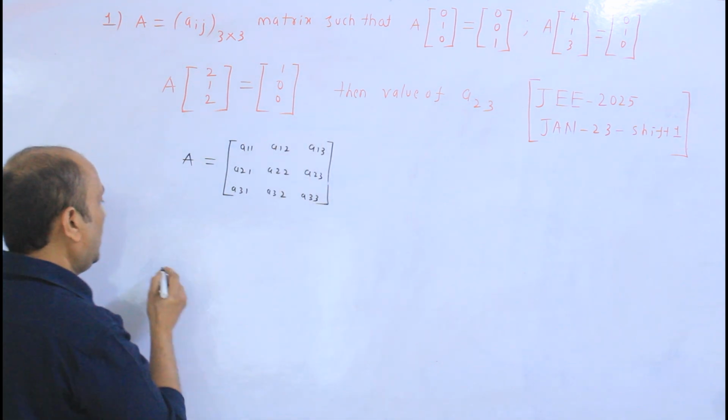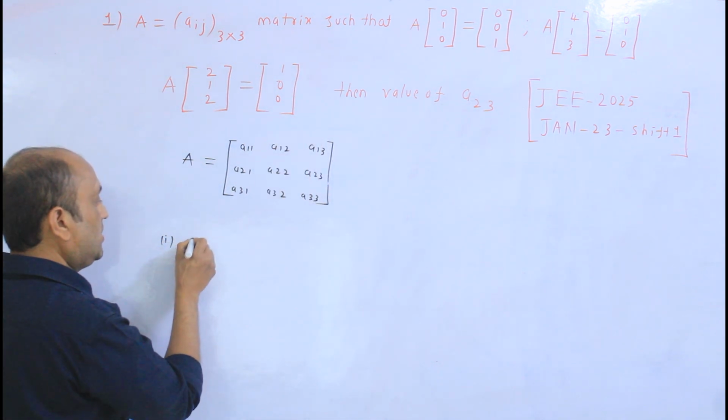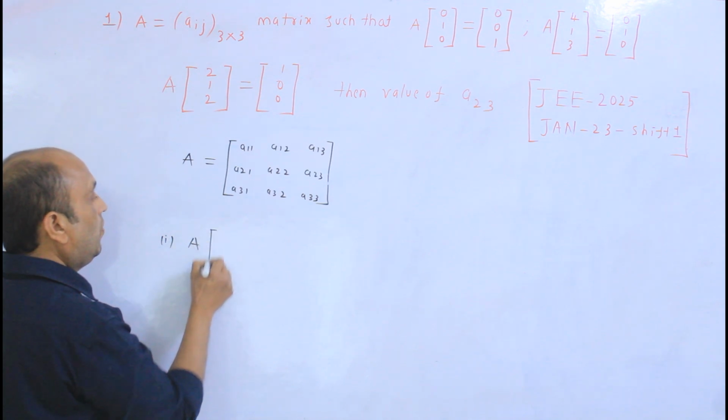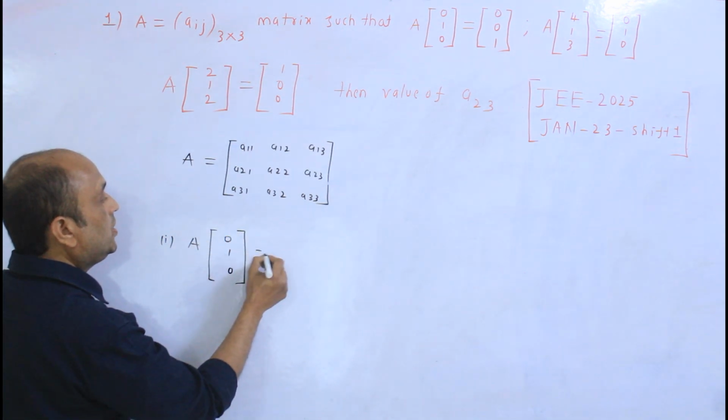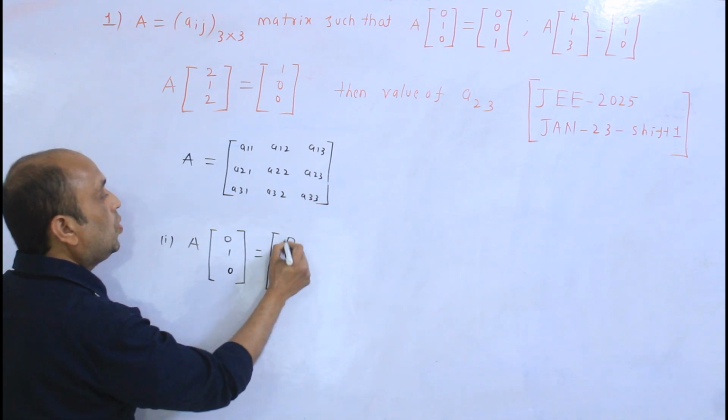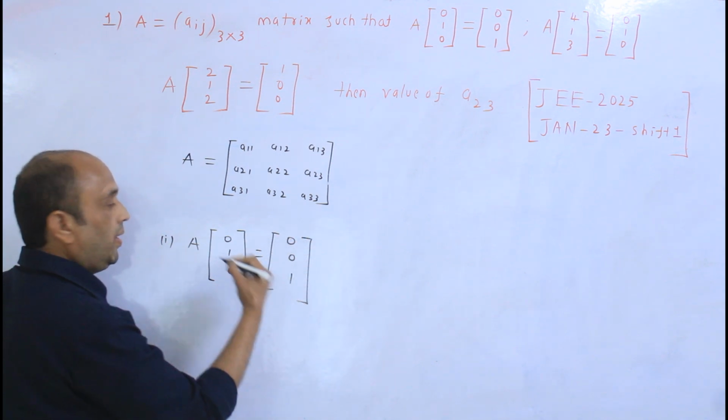Here three equations are given. The first equation is A of (0,1,0) equal to (0,0,1).